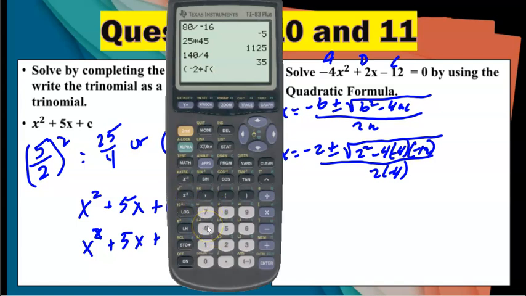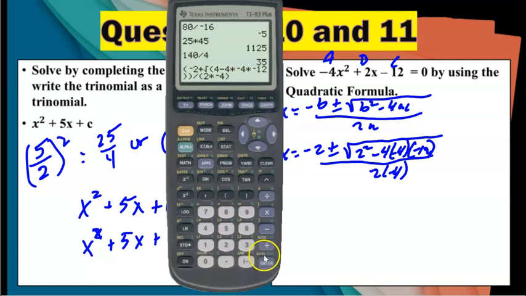I'm just going to put 4, because 2 squared is 4, minus 4 times negative 4 times negative 12, end parentheses, because that's the end of my square root, and then the end parentheses again to end my numerator, because I've got to divide the whole numerator by 2 times negative 4, so I'm going to put in parentheses 2 times a negative 4.